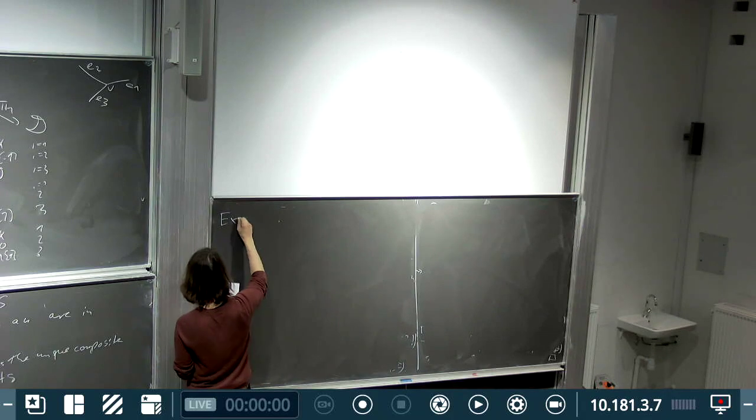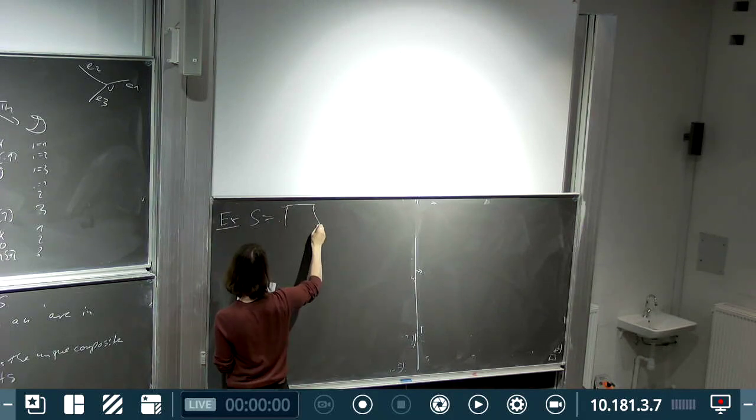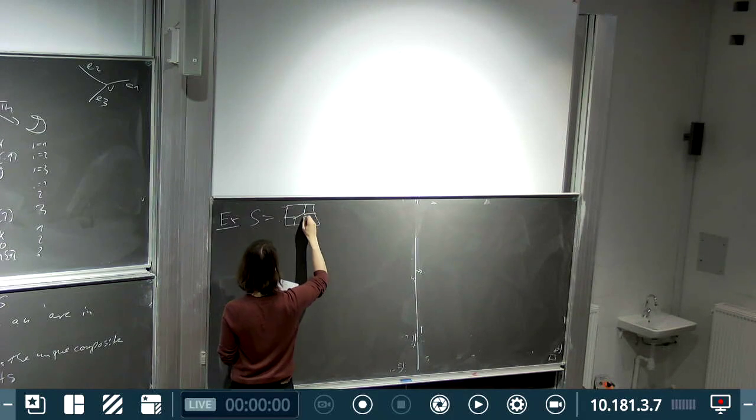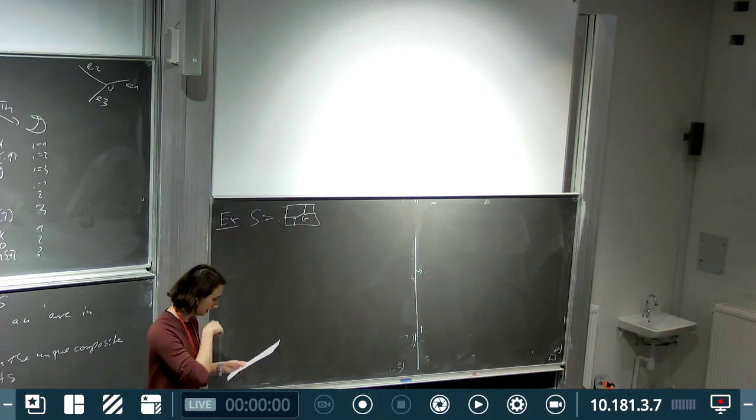Example. S is the foreground, and this is G. A triangle standing graph.